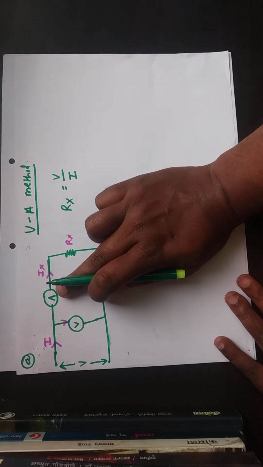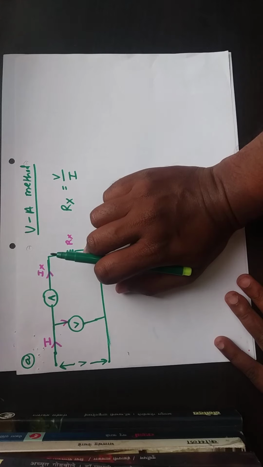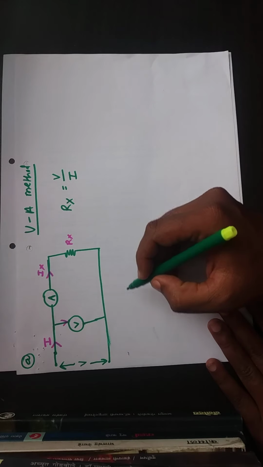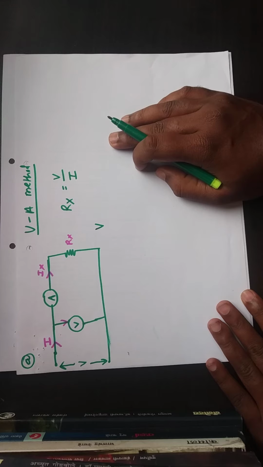So because this ammeter has some resistance, this adds to the Rx, and that's why the voltage across the voltmeter indicates the sum of voltage across the ammeter as well as the unknown resistance.